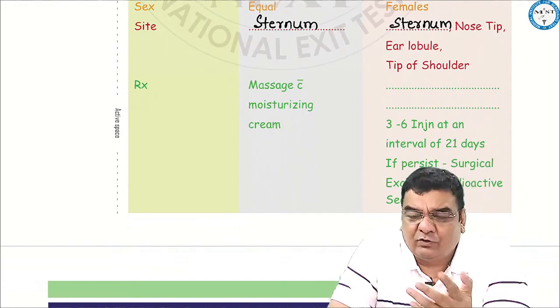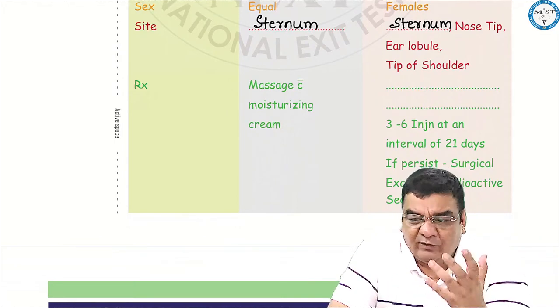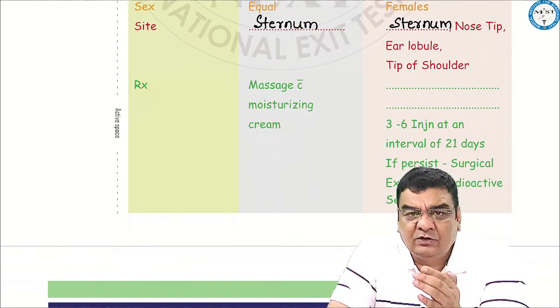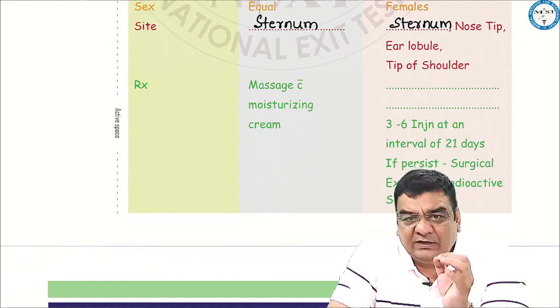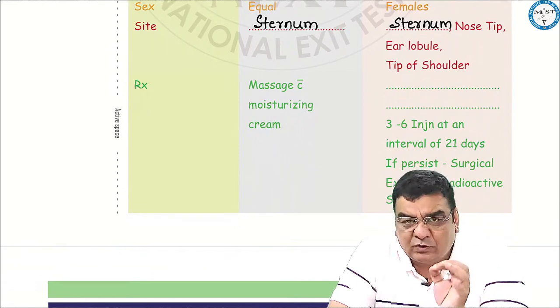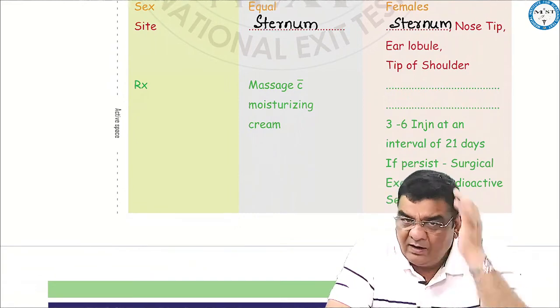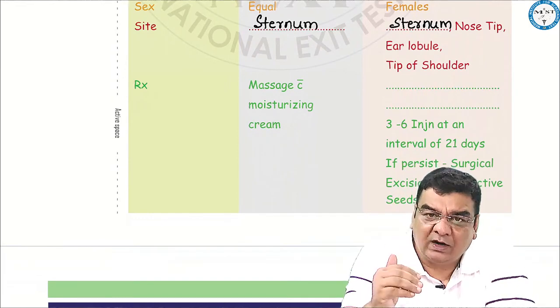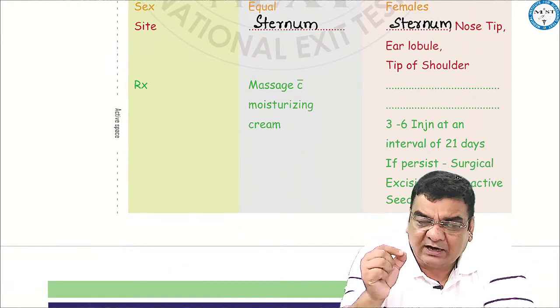The reason for this coconut oil or moisturizing cream over the scar is just to keep the scar moist, so that if you don't use it and you allow the scar to remain dry, अगर ये सूखा रहेगा, then cracks can develop.